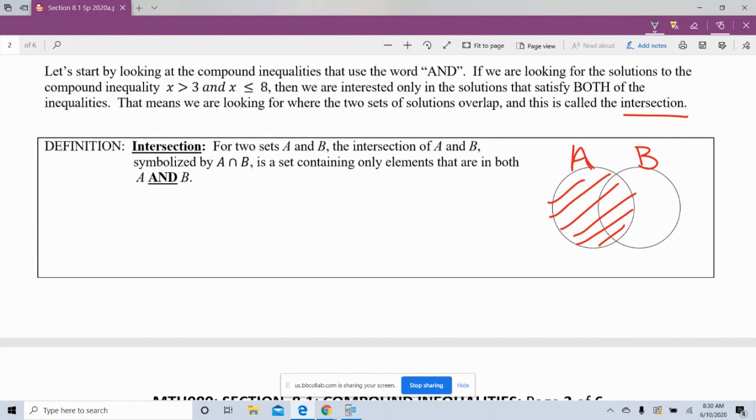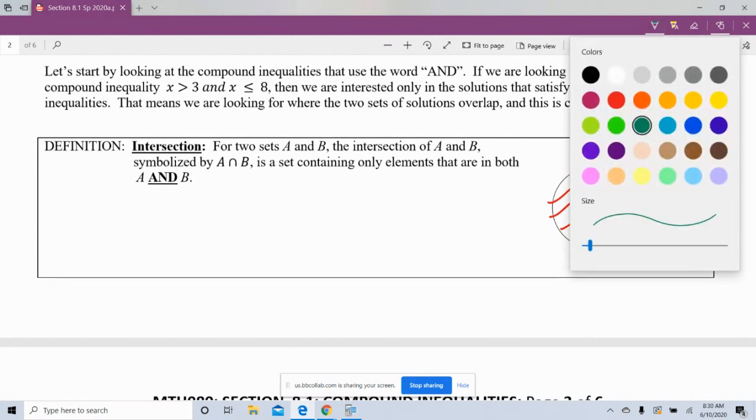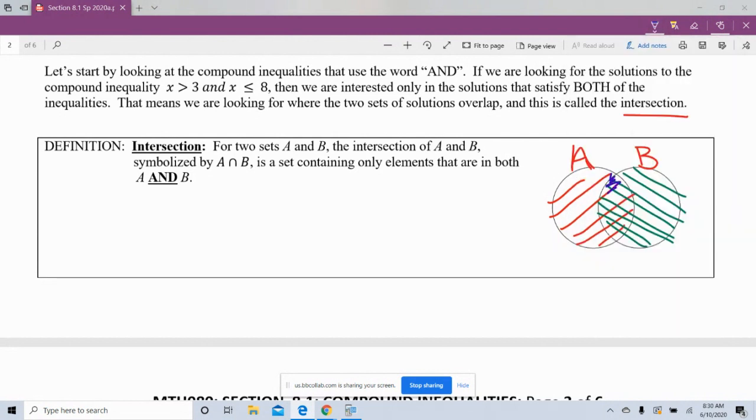Anything that's in set B, I'm going to shade in the other direction with green, right, like that. And so those elements or numbers or whatever they are that are in both sets are those that are in here. This is where the two sets are overlapping. This is where we saw both of the shadings occurring, right?